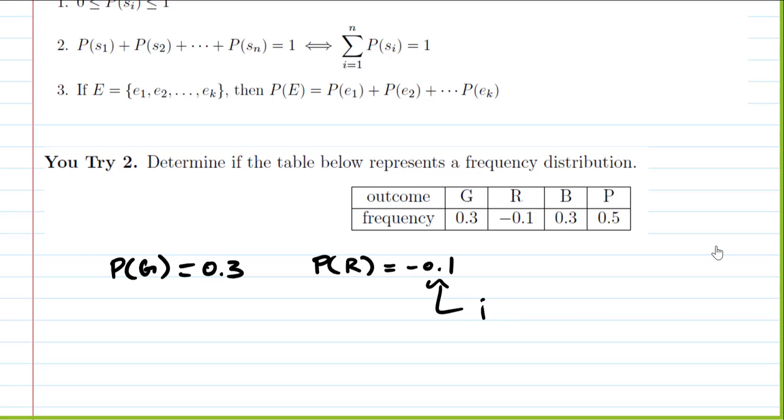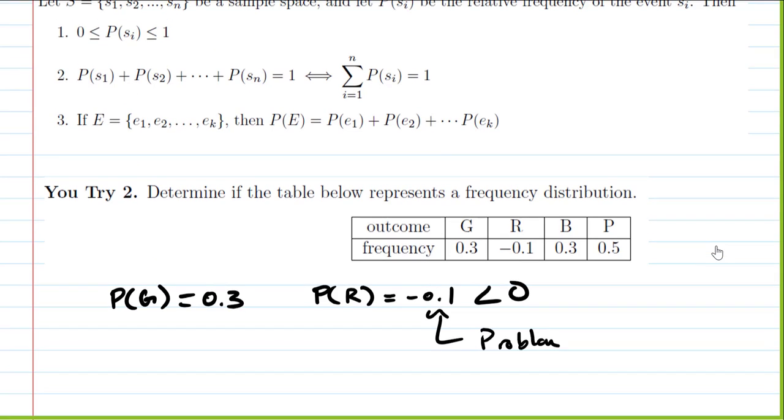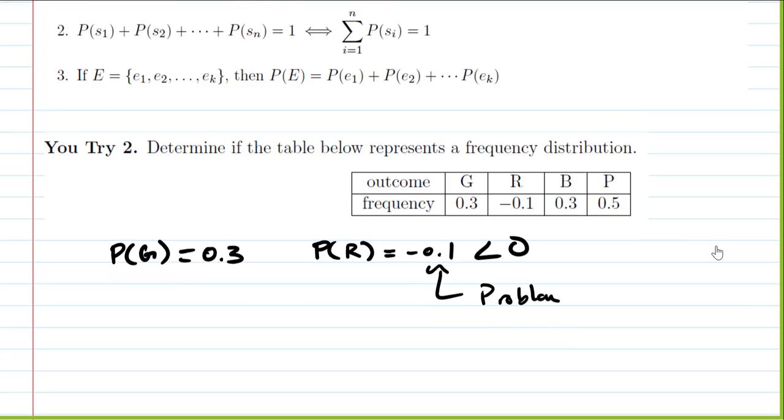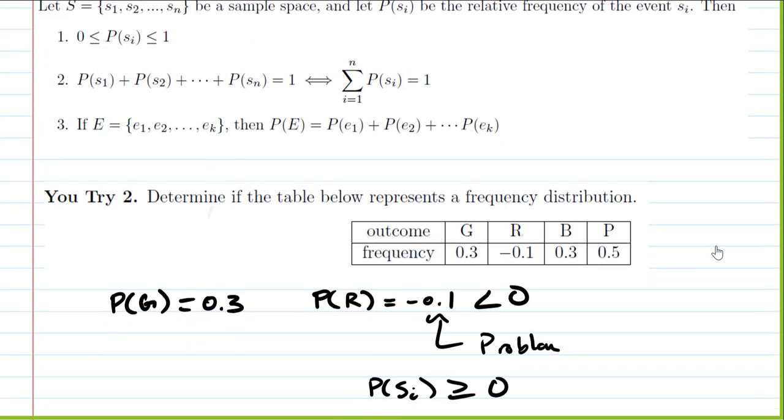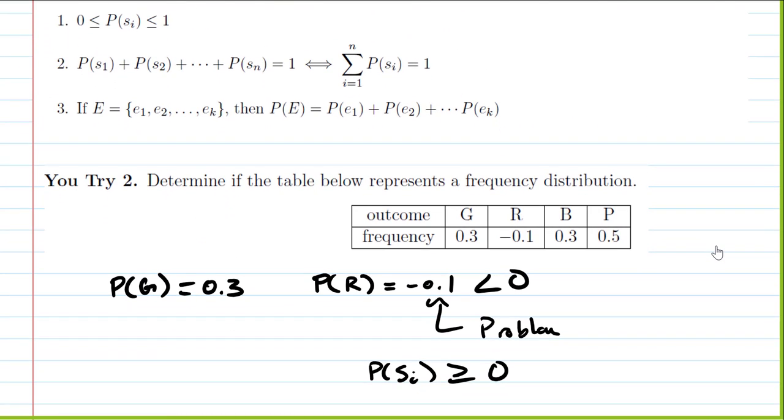So this is a problem, because what is that? That's less than 0. But P has to be greater than or equal to 0. So the answer is no, right? Because it does not satisfy property number 1. So the frequency of an event can't be negative.